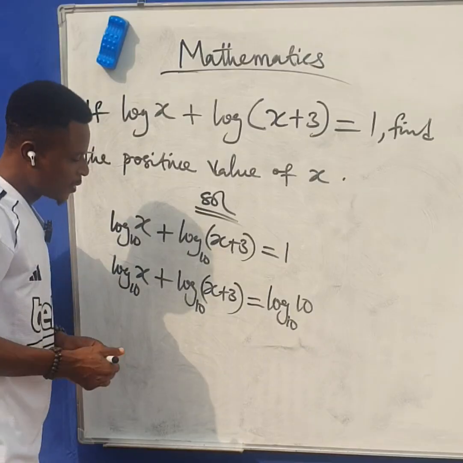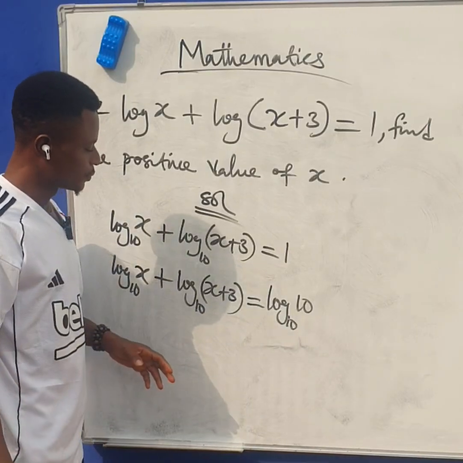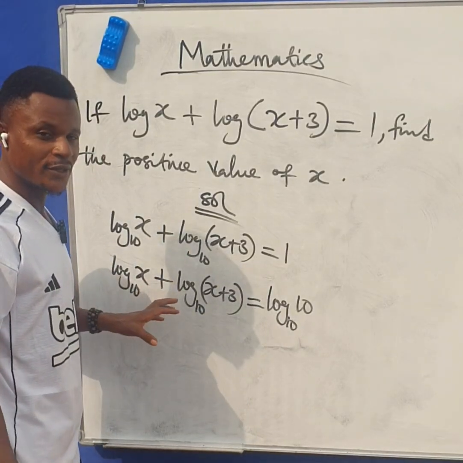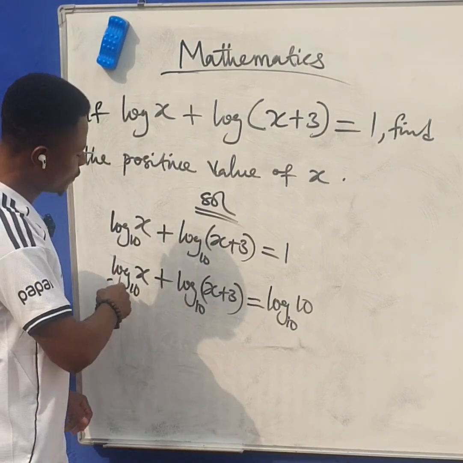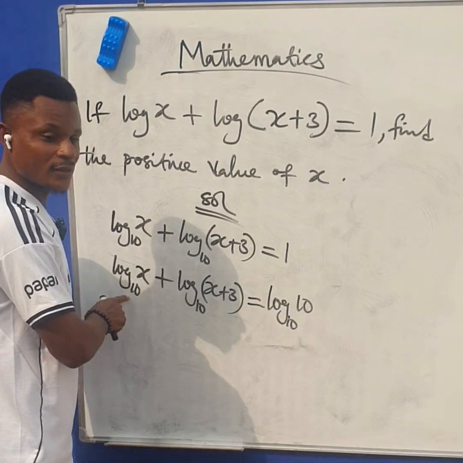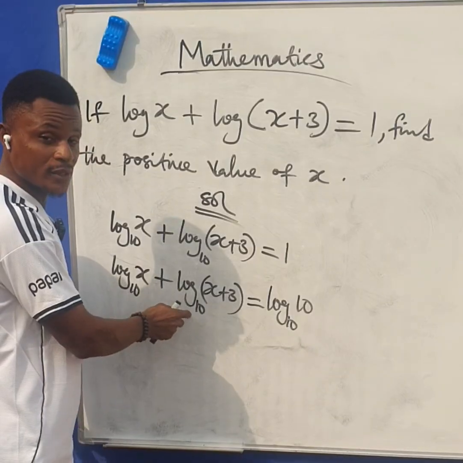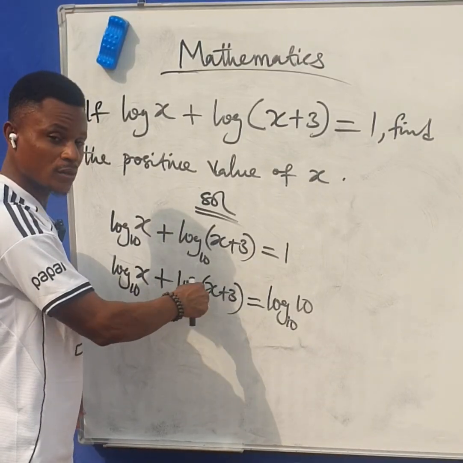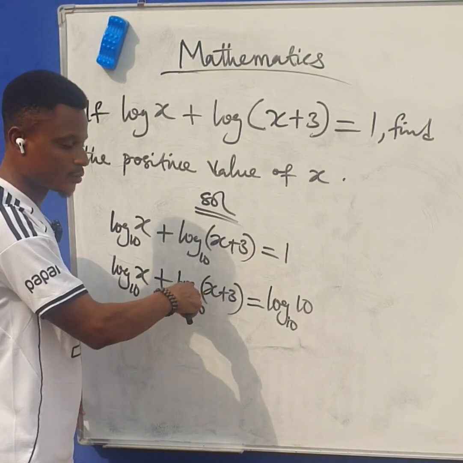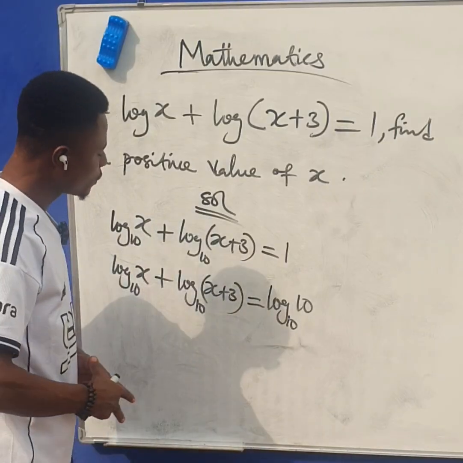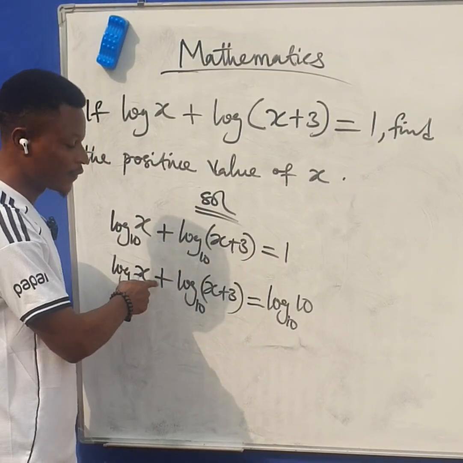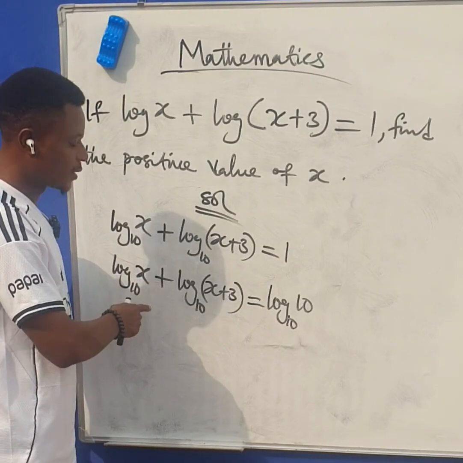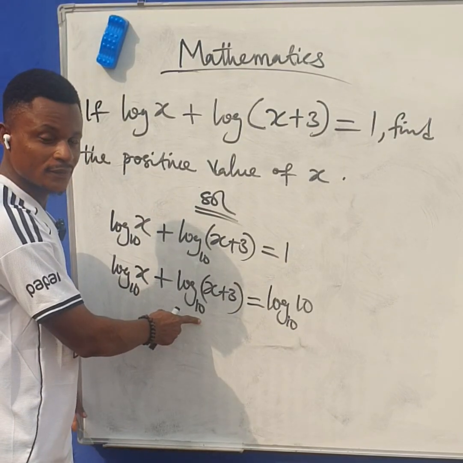Now, we are going to apply something here. If you look at the left-hand side of the equation, we have log x in base 10 plus log (x plus 3) in the same base. The bases are the same, so we are going to apply the addition law of logarithm, because we have addition and the bases are the same.